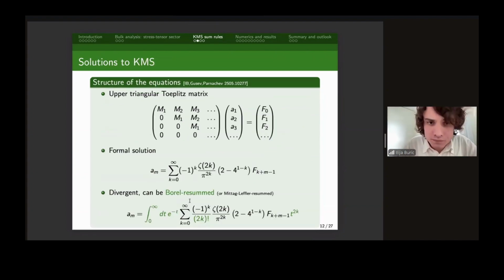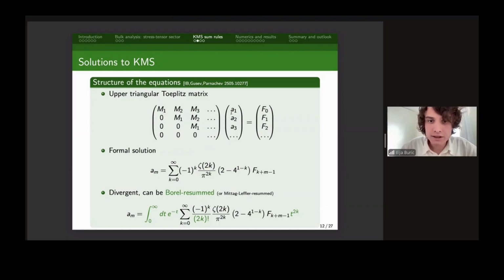Okay, so now the idea that we follow is to take this linear system and try to solve it. And it's an infinite system, but it has quite a lot of structure. One, it is upper triangular, and two, it is Toeplitz. If you write it in a matrix form, it's a Toeplitz matrix. So upper triangular, it's clear what it means, but Toeplitz means that it's self-similar. So if I look from the second row and second column, I get again the same matrix.